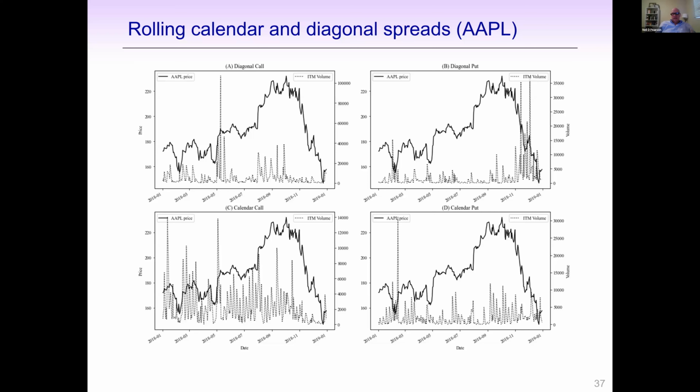The alternative hypothesis, that people trade calendar spreads because they want the exposure, doesn't have any prediction about how trading volume is related to past returns. So my story is that the hypothesis that people use diagonal or calendar spreads to adjust simple positions of in-the-money options predicts no trading volume if past return was negative.